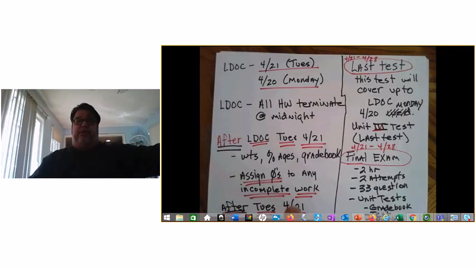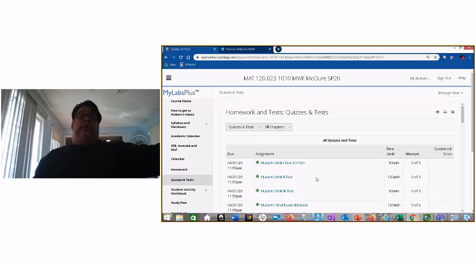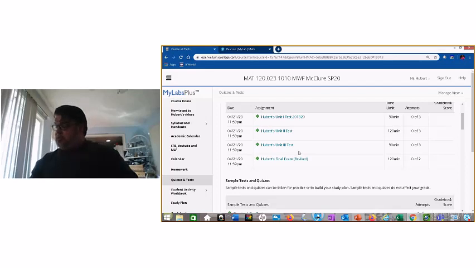After 4/21, your last test, I've got to look at that right here because let's see what it's called. There it is. I hadn't posted it yet. Your last test will consist of a Unit 4 test. It'll say Unit 4 test. Let me make a note on this because this looks like Unit 3. It's going to say Unit 4 test.